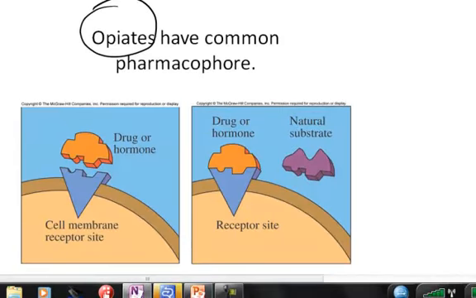The way they work is that the different opiates have what's called a common pharmacophore. A pharmacophore is the part of the drug that has a similar three-dimensional structure to whatever natural substrate or hormone it's blocking. In the case of these particular drugs that work on the brain, they are going into nerve receptors where a neurotransmitter would normally go.